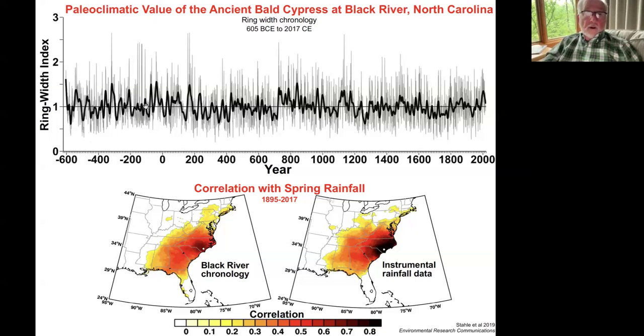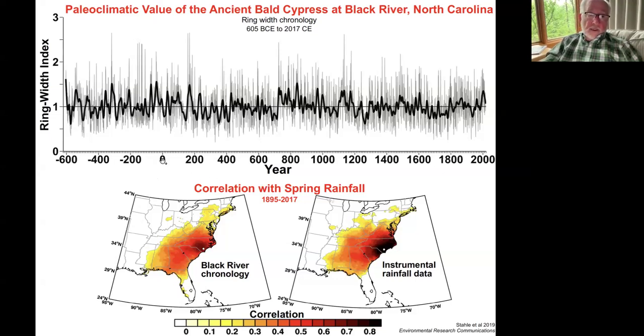And the gray values are the mean index value for each year. I mean, there's hundreds of trees that have all been exactly dated and then processed the way we do, and then averaged together into this gray chronology. And then we have this multi-decadal smoothing in the black curve that shows you this ring width index on the y-axis and year on the x-axis.